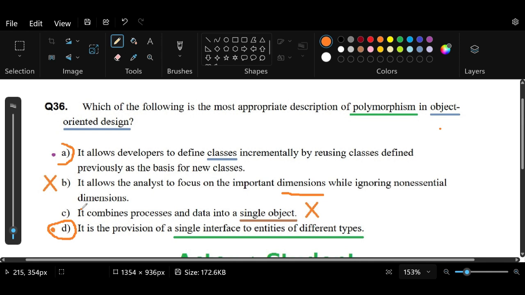If we now go to A and D, A is saying that it allows developers to define classes incrementally by reusing classes defined previously as the basis for new classes. I thought it was the correct answer, because if we're talking about polymorphism, we want to be able to create more and more of these classes by reusing the attributes, the behaviors that already are in a previous class.